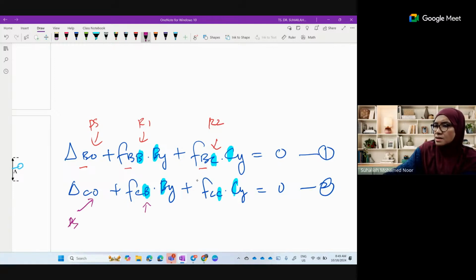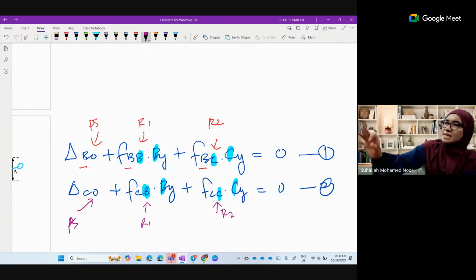This is for the redundant 1, redundant 2. Okay, so from this we know that we have 3 system, 3 determinate structure. Previously 1 redundant, we only have primary structure and redundant structure. Okay, this time we have 2 redundant structure, so we have redundant 1 and redundant 2. So there are 3 determinate system.